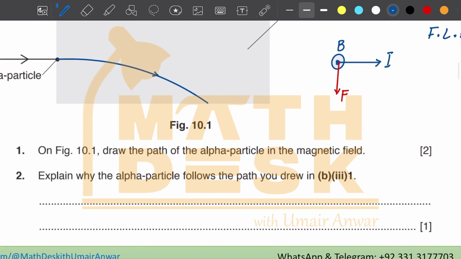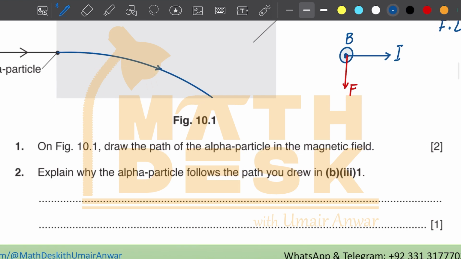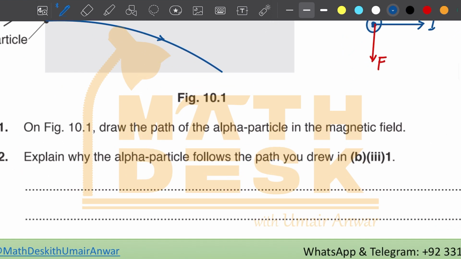Now the second part says explain why the alpha particle follows the path you drew in the previous part.